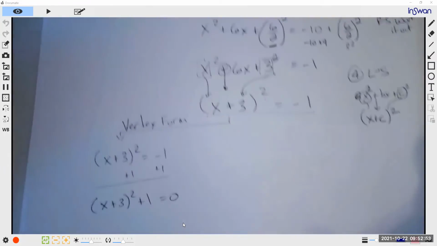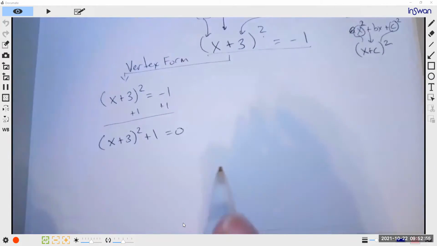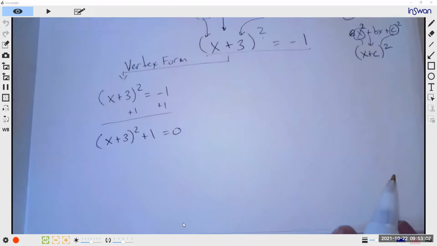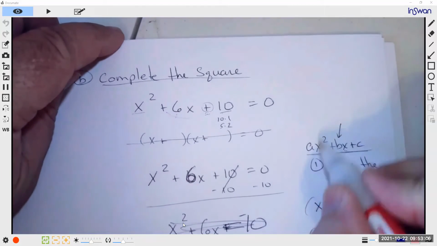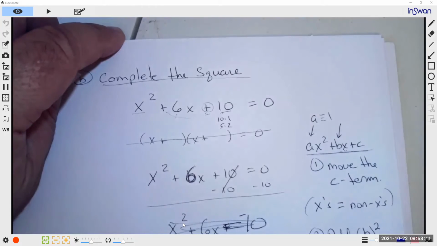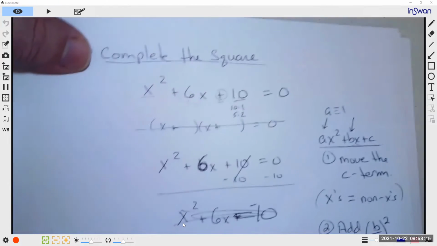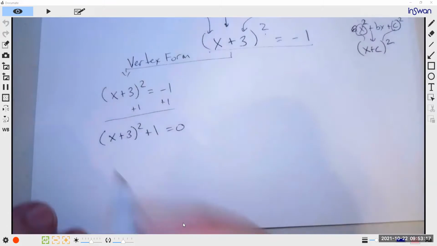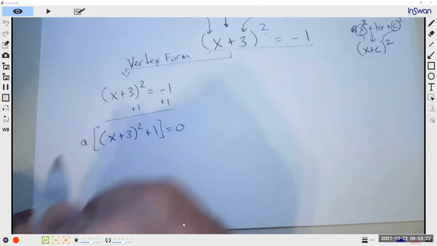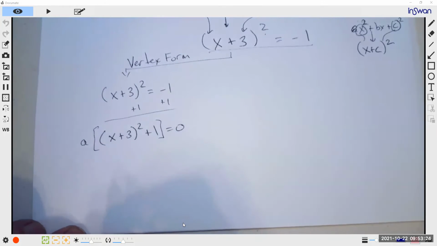And important: if at the first step you divided anything, we're supposed to have a equal to 1. So if we had a number in front here and we divided everything, at this point, whatever we divided out, we put back.